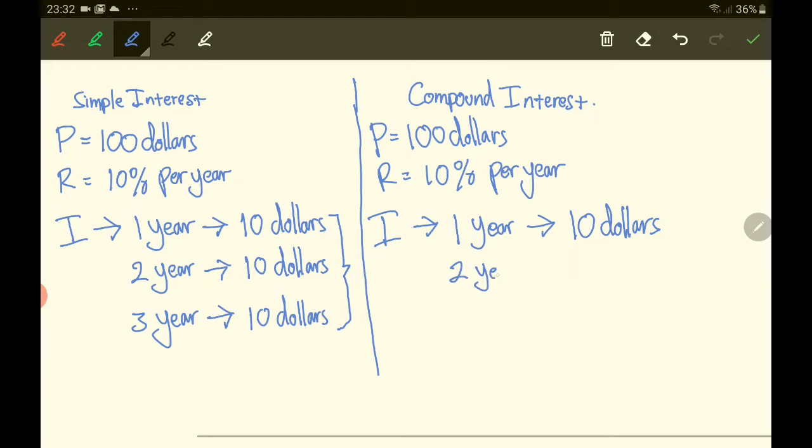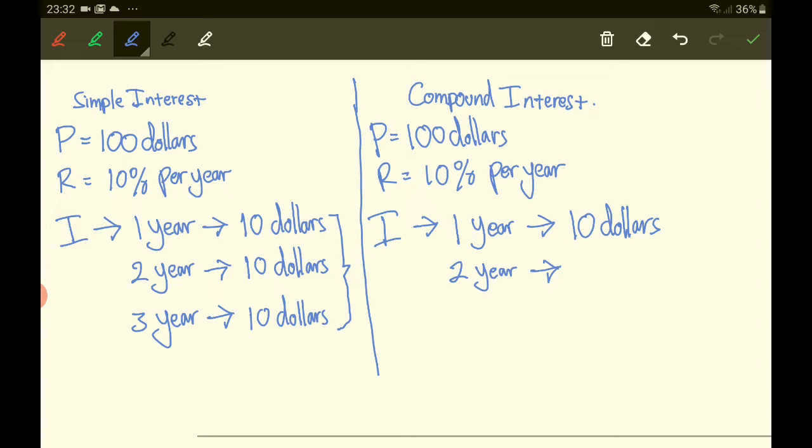In the second year, your money is no longer $100, but your money now becomes $110. So you add the extra $10 you got from the interest to the principal.